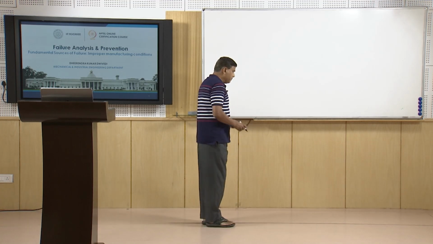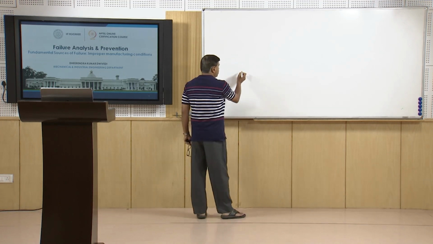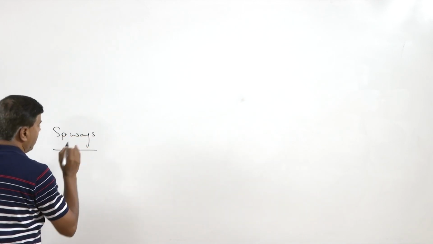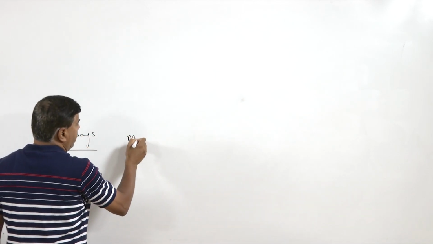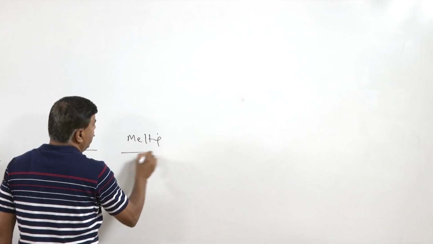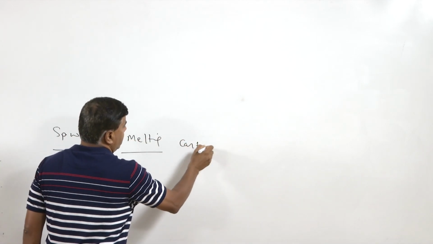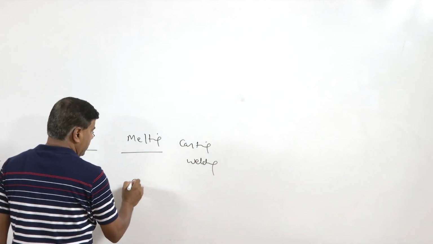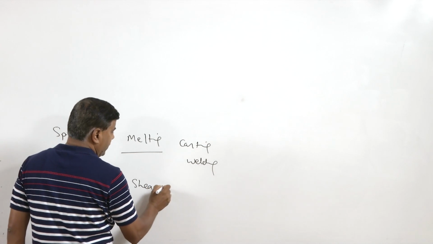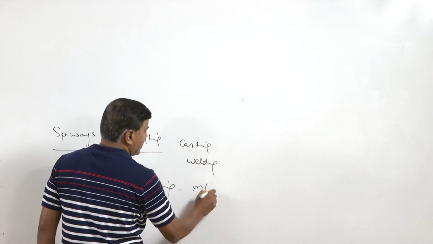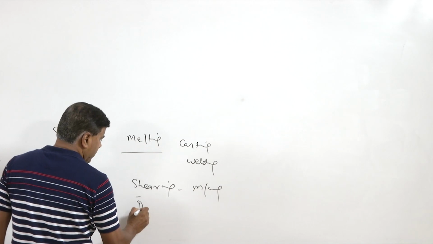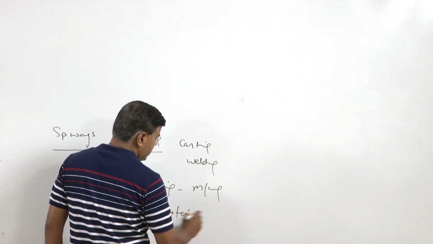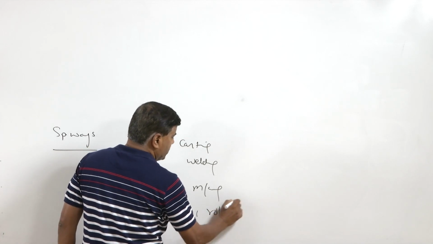Now we will be talking about the specific ways by which failures can occur, like in the melting based processes, like casting and welding, then where mechanical forces are involved, where shearing is taking place, like in machining, and then the deformation based processes like rolling and forging.